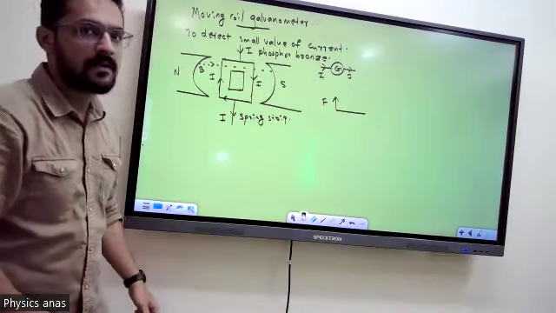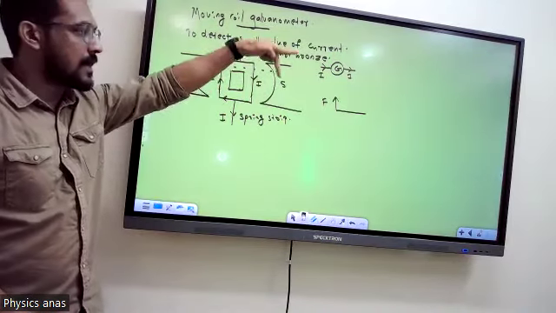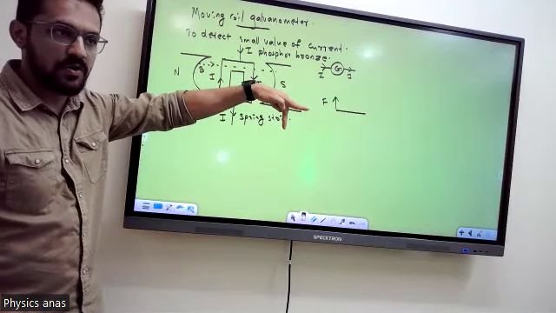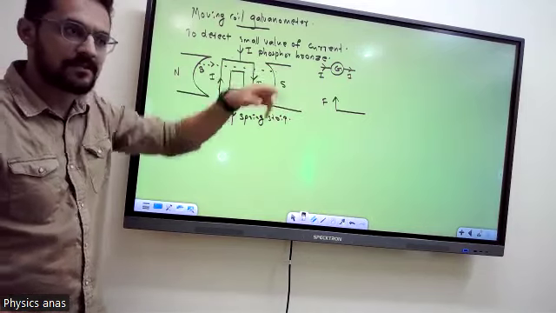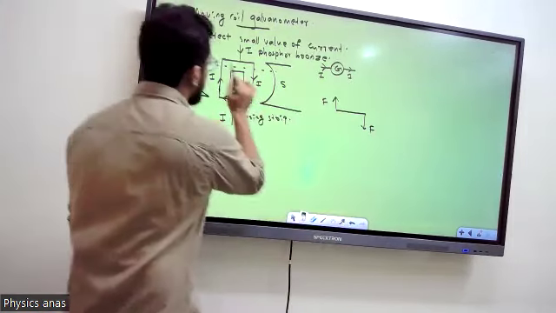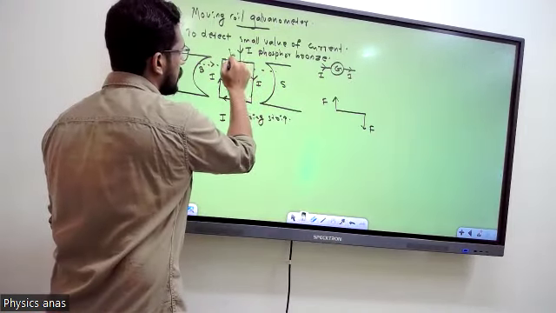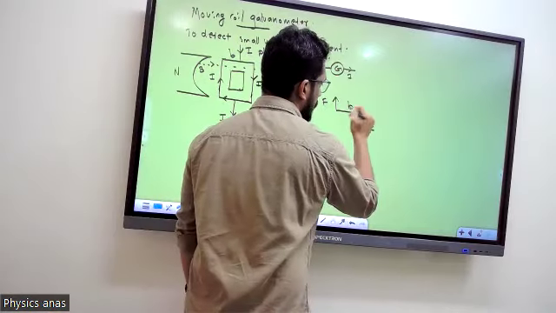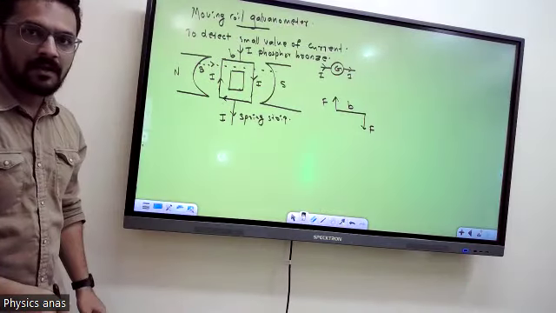What about here? Magnetic field here, current is downwards. Force is outwards. And this is the breadth.